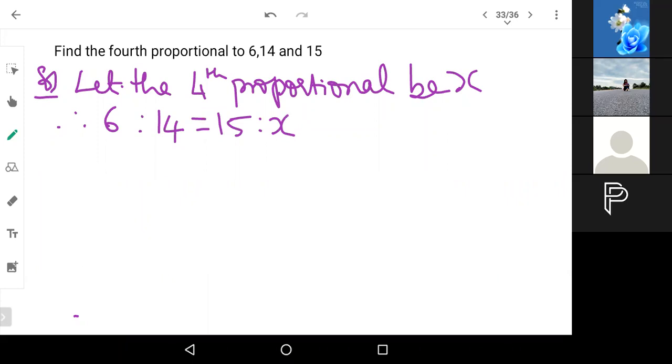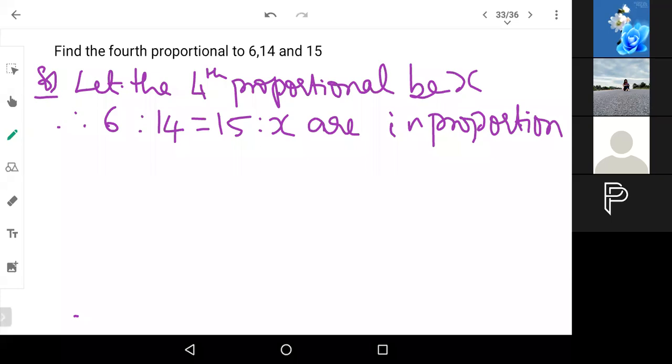So 6 is to 14 is one ratio, 15 is to the unknown number, that is x, is another ratio, and we have equated them, and let us say they are in proportion.